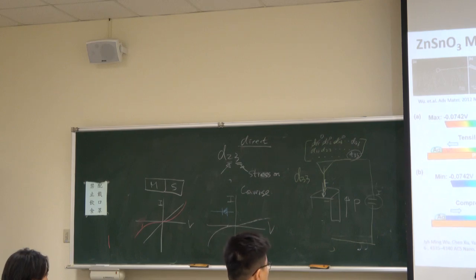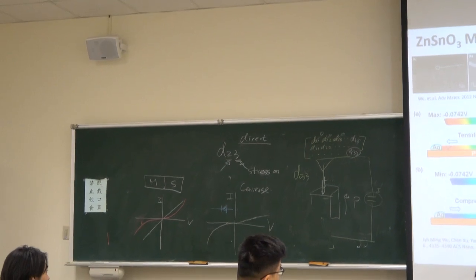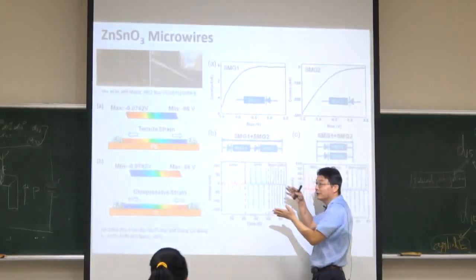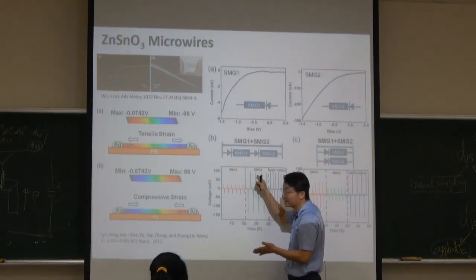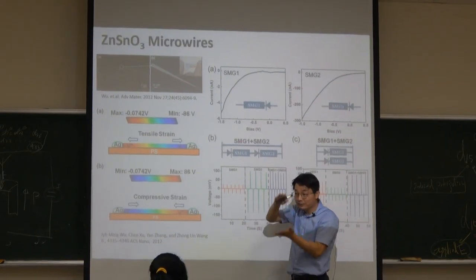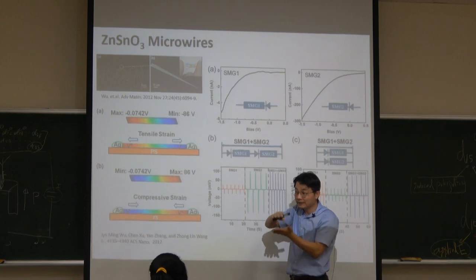You get an output almost the same, sometimes slightly higher. This justifies that both nanogenerators can be superposed. Superposition doesn't mean plus one, SMG1 plus SMG2; superposition means 叠加.